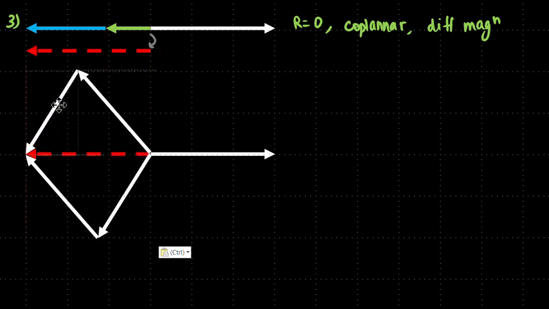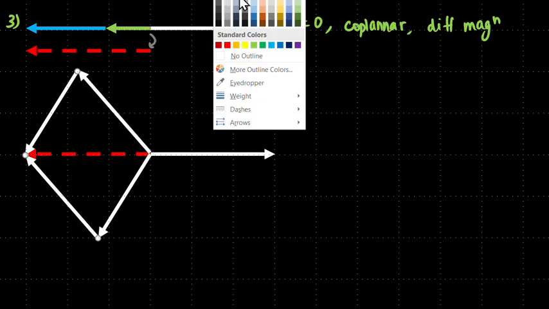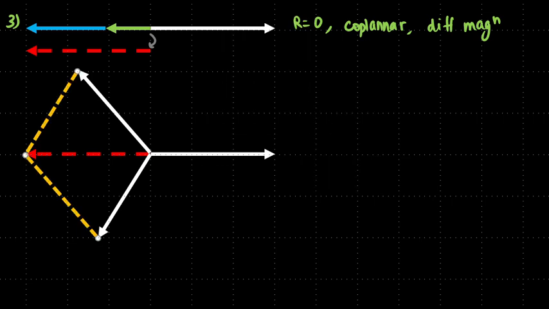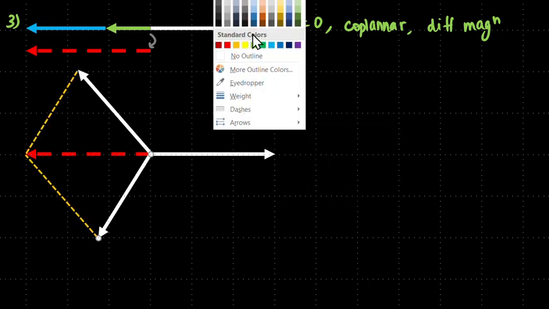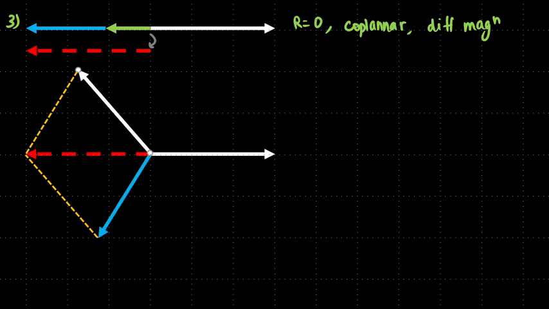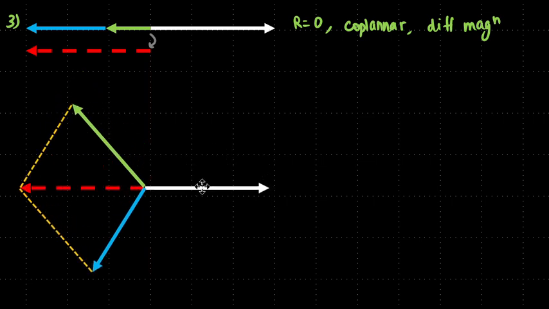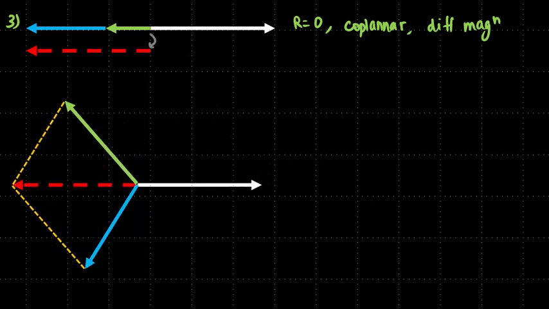Let's make it dotted, orange in color. Let's make it a normal line. Let's also make it a dotted line, and a lot smaller. Let's make this blue and this green. So over here I only have three vectors. The red one is the resultant that you will get. It's technically not there, and it's technically there if you don't include this vector and this vector.